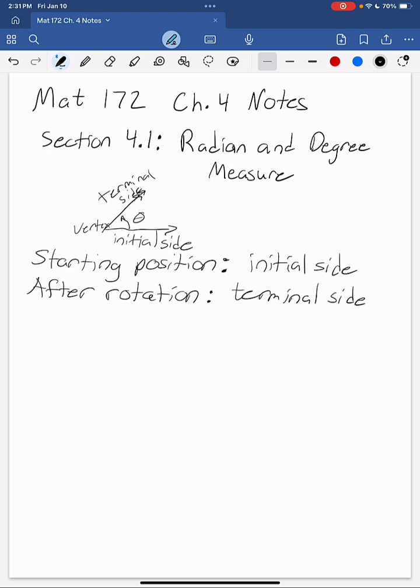All right. And then depending on which way we move the angle, if it moves in a counterclockwise position, so think of a clock, so then it would be moving like a circle to the left. So if it is moving in the counterclockwise direction, then the angle is positive. So we have a positive angle.